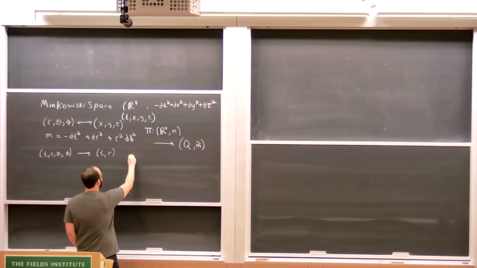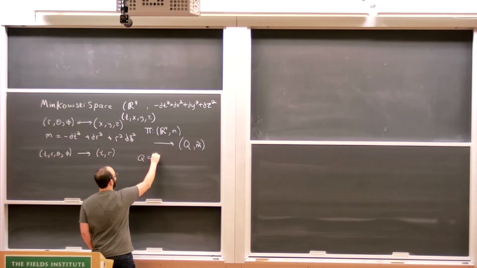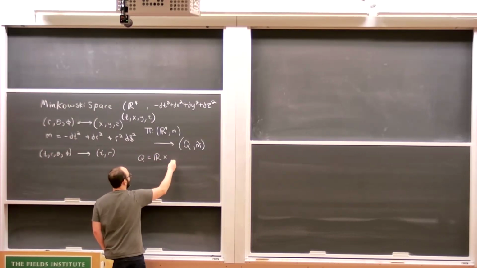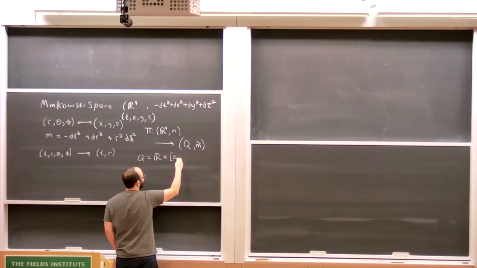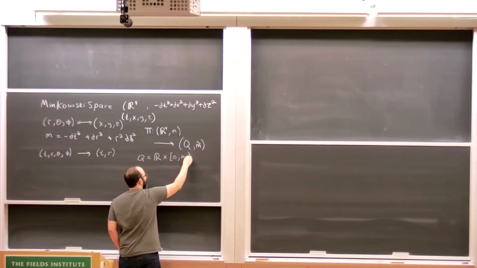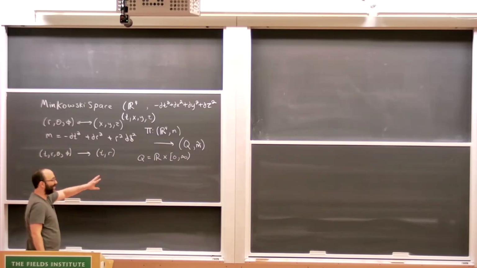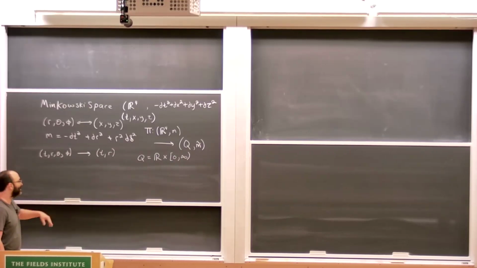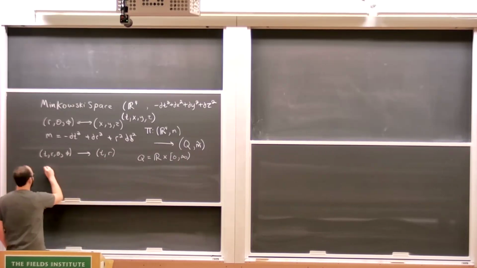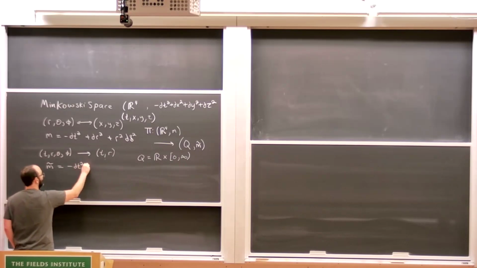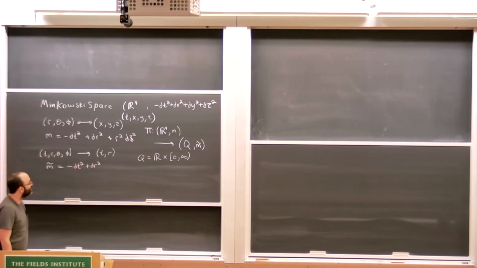So Q will be a manifold, R cross, with a mild abuse of notation, I'll think of r equals 0 as being included in that projection. And then we have the M tilde, which is just this.